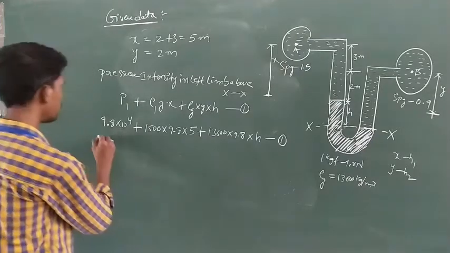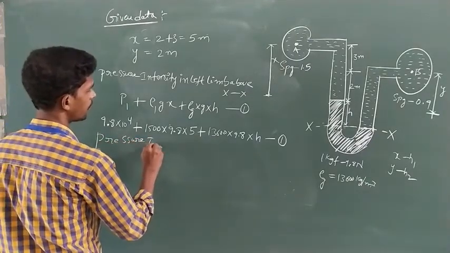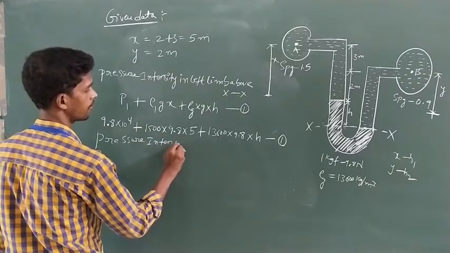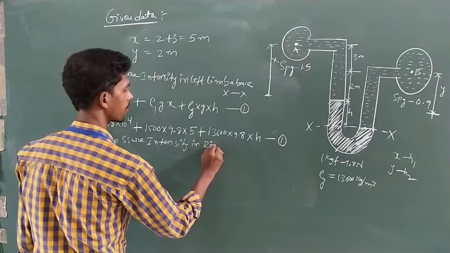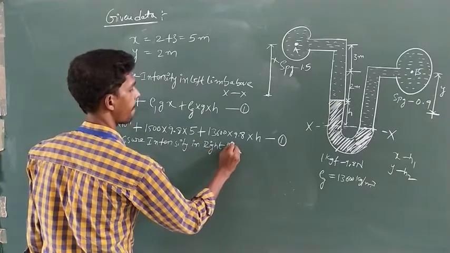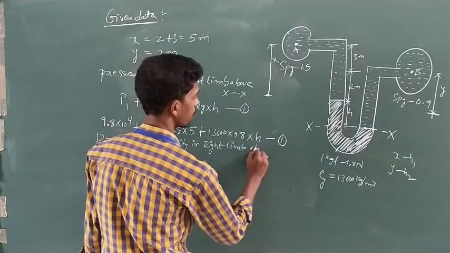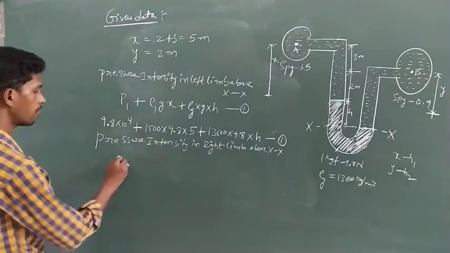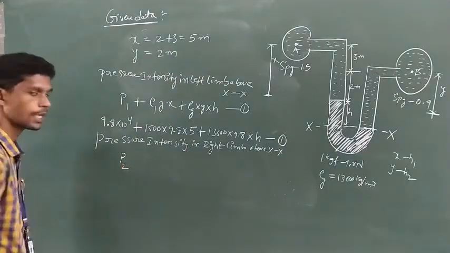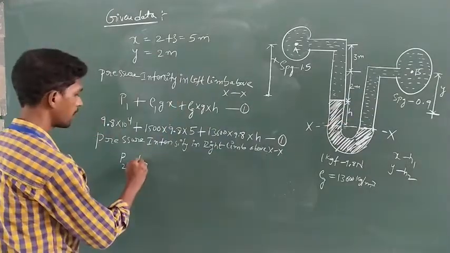Clear? Similarly, pressure intensity in right limb, right, above XX. So what is the pressure intensity at the point 2? So here P2 is the pressure intensity, right?